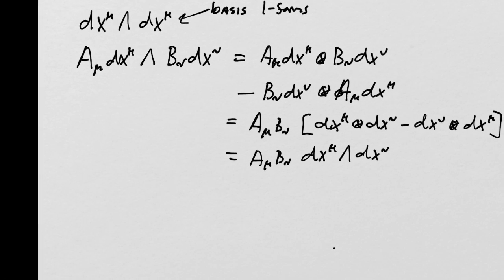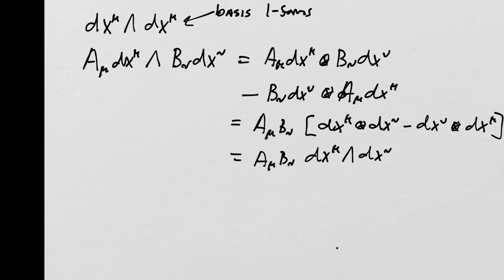So first of all, I've shown that this wedge product makes perfect sense in the context of any two one-forms, not just the basis one-forms. I've also shown that it's linear in these arguments.